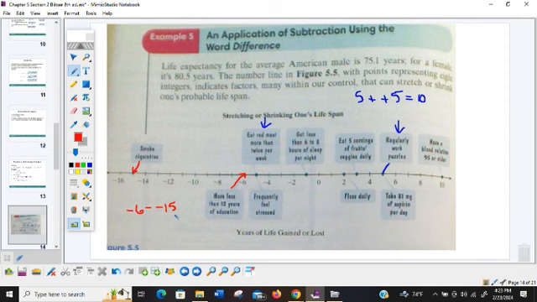Okay, so we're looking at -6 minus -15. This would become positive here. And if we start at 15 degrees and go down 6, we are at +9. So the lifespan is 9 greater, okay? If you are the one who has less than 12 years of education, you're 9 years greater than the person who smokes cigarettes.